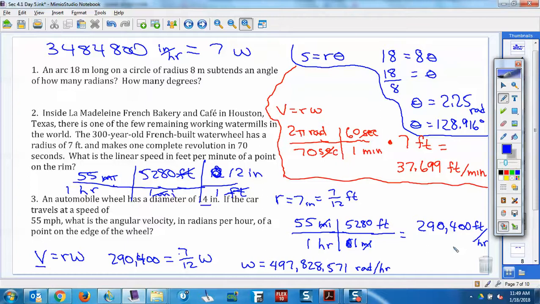And usually they give you revolutions, and just understand 1 revolution is 2 pi radians, right? That's where this one started, right? So 1 revolution in 70 seconds, and right there I was already at W, radians per second. And so then all I had to do is multiply by the R, and get the units to match.